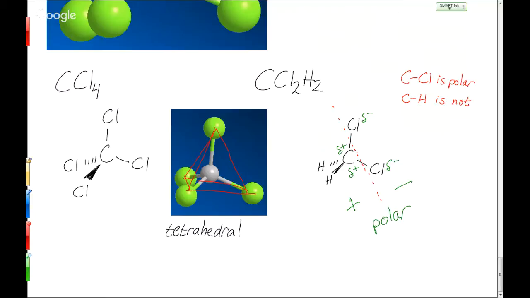Same reason. We can make the chlorines negative and the carbons positive for each bond, because those are polar bonds. But in this case, the positives are all kind of surrounded by the negatives that are symmetrically oriented around the structure.